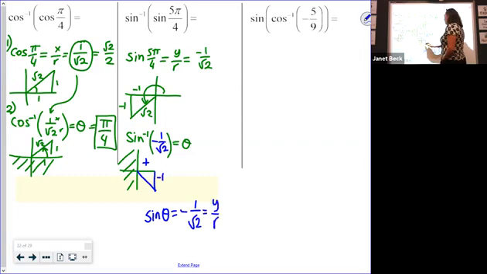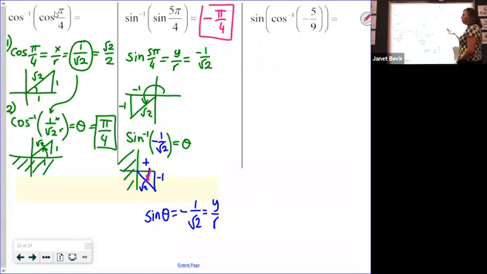My y must be -1, my r is the square root of 2. This is my angle here, which is -45 degrees or -pi by 4.